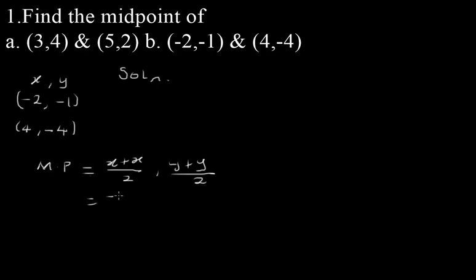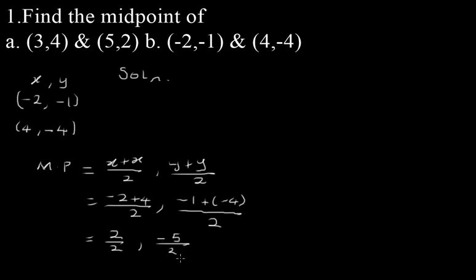We have -2 plus 4 over 2, comma, for the y coordinates, we've got -1 plus -4, and this is divided by 2. -2 plus 4 gives us 2 over 2, whilst -1 plus -4 gives us -5 over 2. 2 over 2 gives us 1, whilst -5 divided by 2 gives us -2.5.